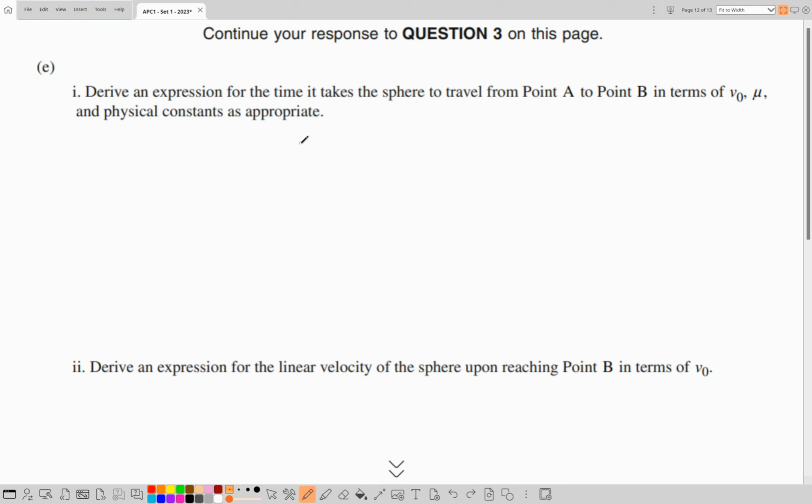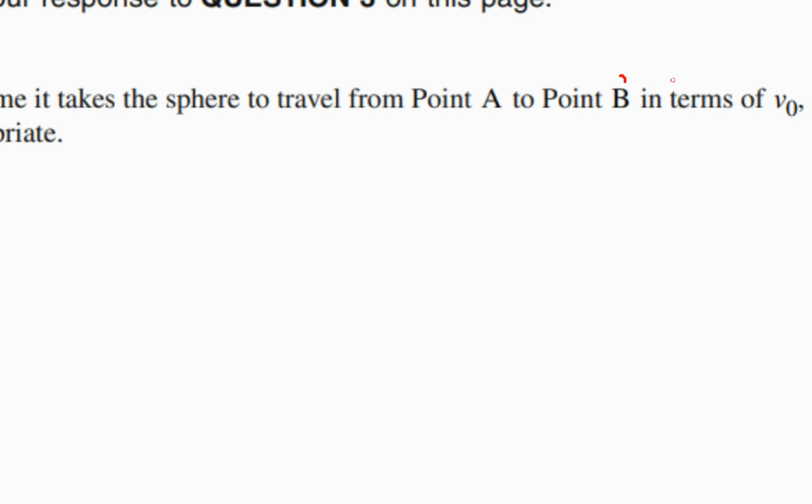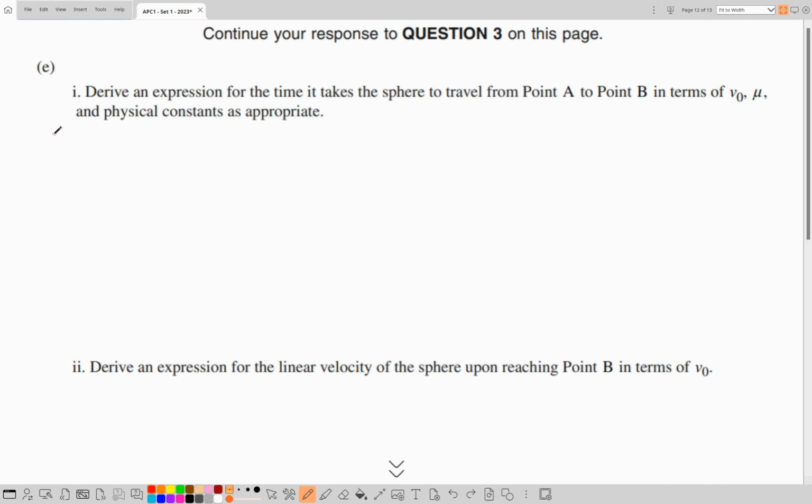This is done by utilizing the condition of rolling without slipping at point B. So at B, we have v equals omega r, which is the condition for rolling without slipping.